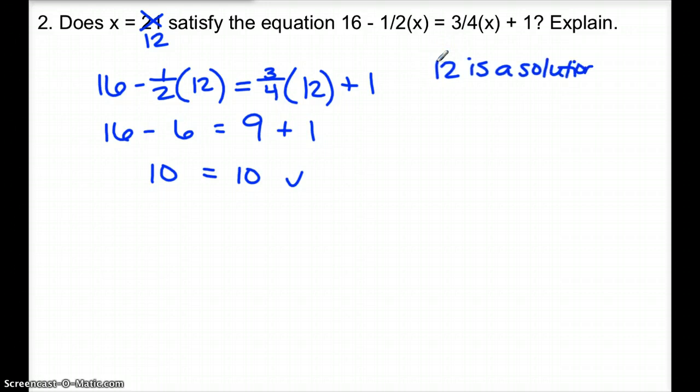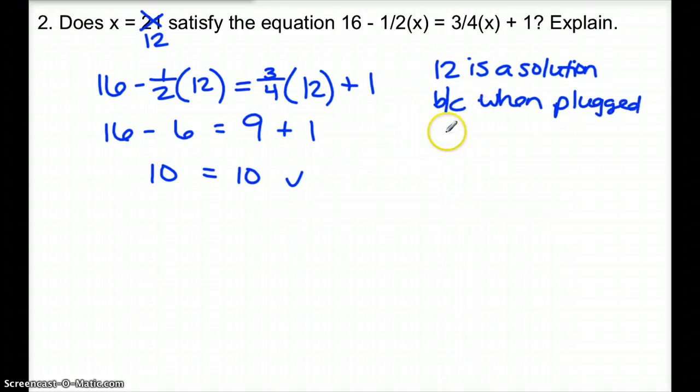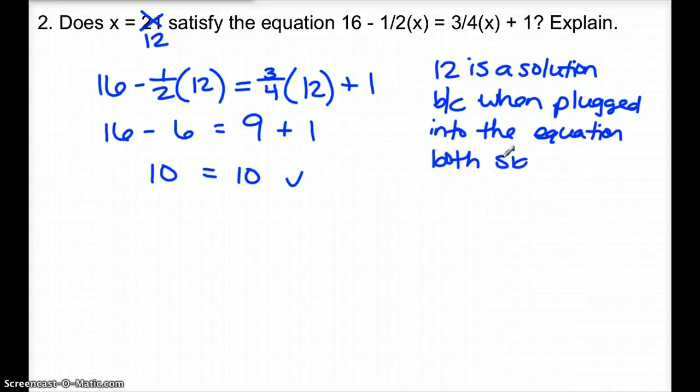And then the same explanation as what we put on number 1: because when plugged into the equation, both sides were equal. So again, we're just taking that number they give us for x, plugging it in, and seeing if it's true.